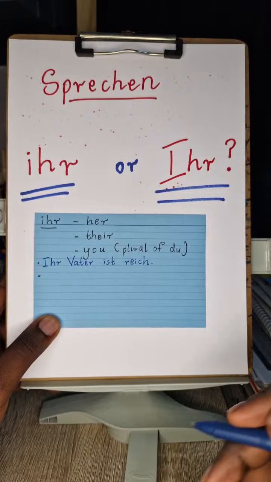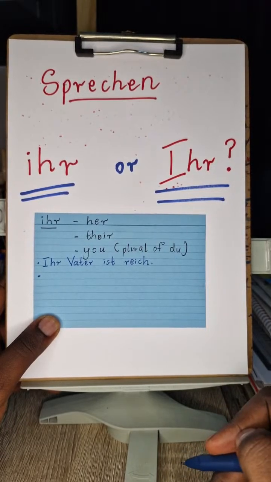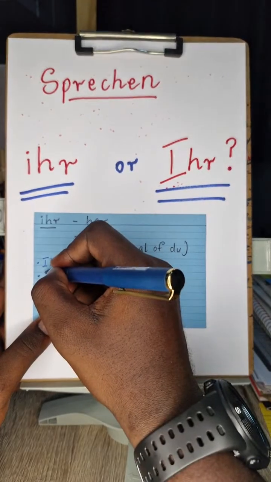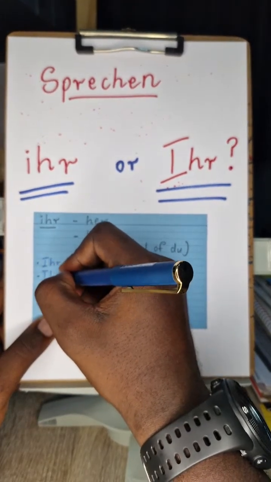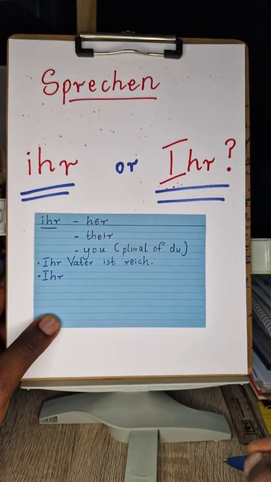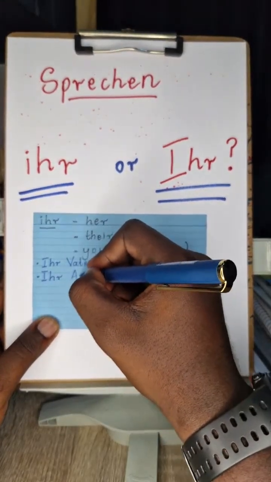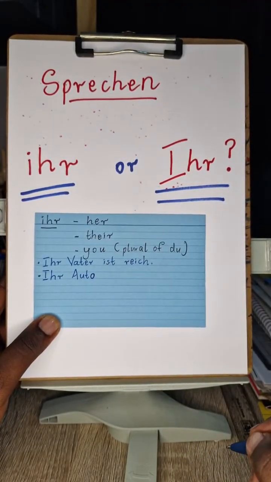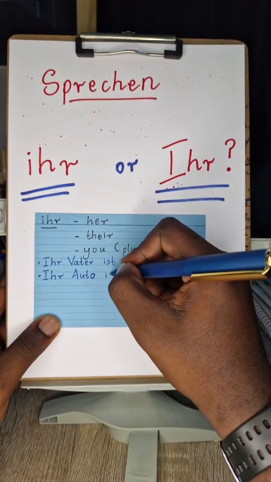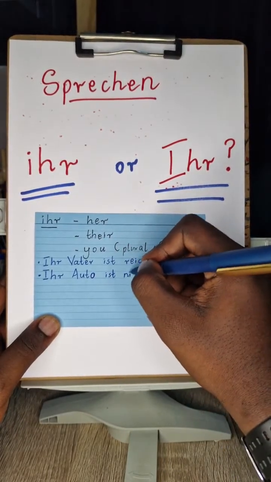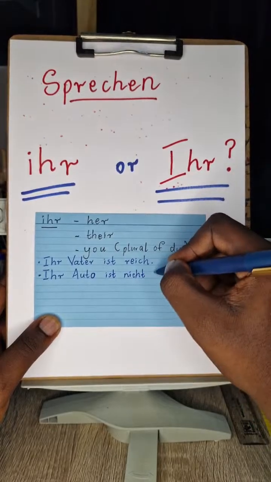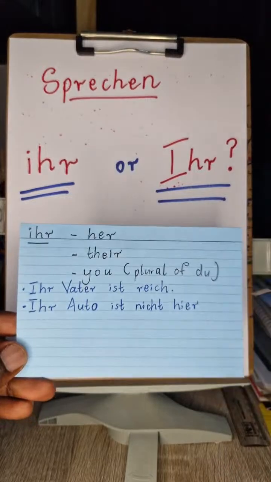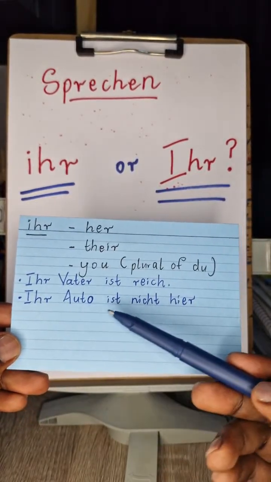Is it feminine? Is it masculine? Etc. So their car is not here. Now this one, your eventual answer would become "Ihr Auto ist nicht hier." Look at that. Their car is not here.